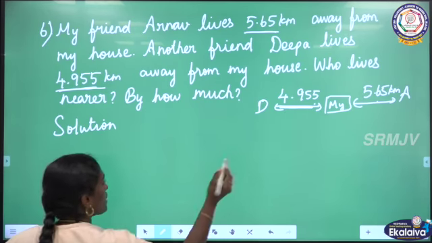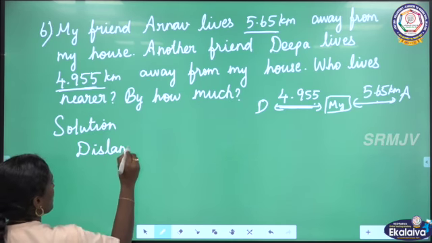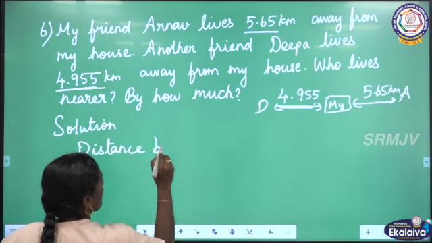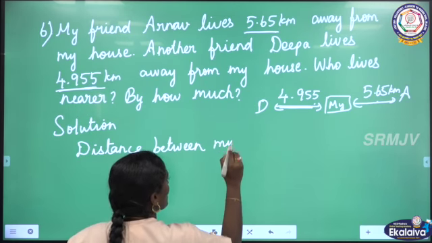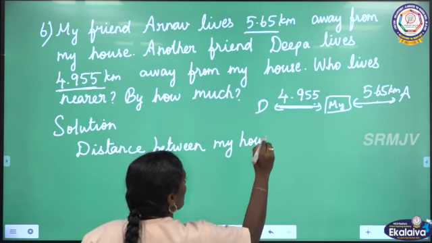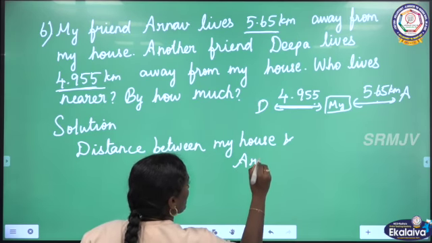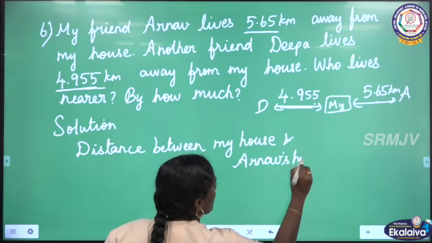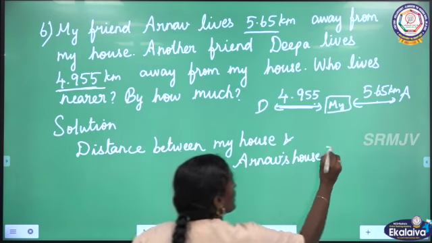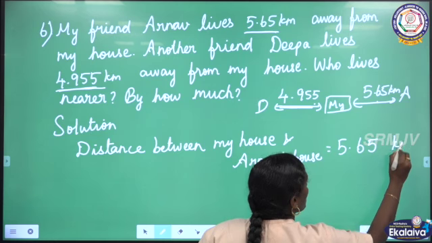Solution. So distance between my house and Arnav's house, that is 5.65 km.